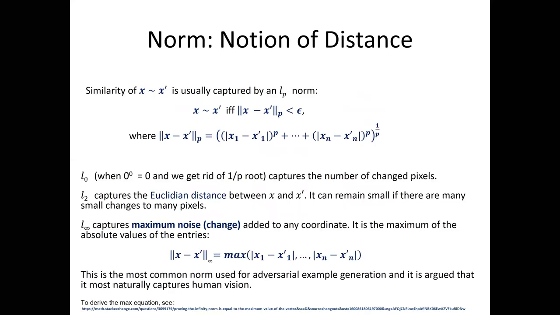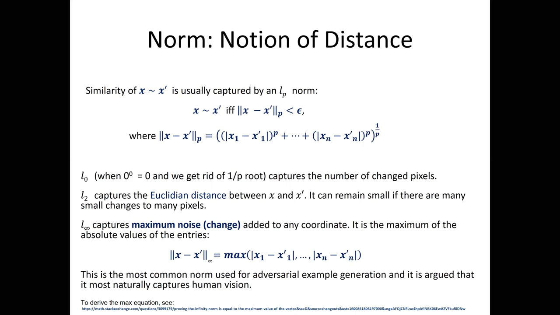Okay, and this brings us to LP norms, which are one way to capture distance between these inputs and to define similarity between points. We already looked at this in the exercise, I believe, it's recap material.